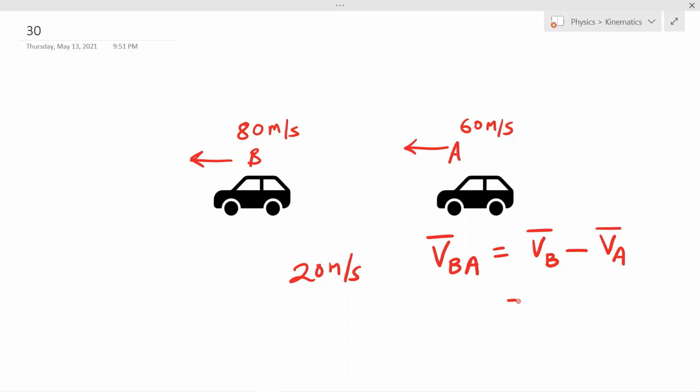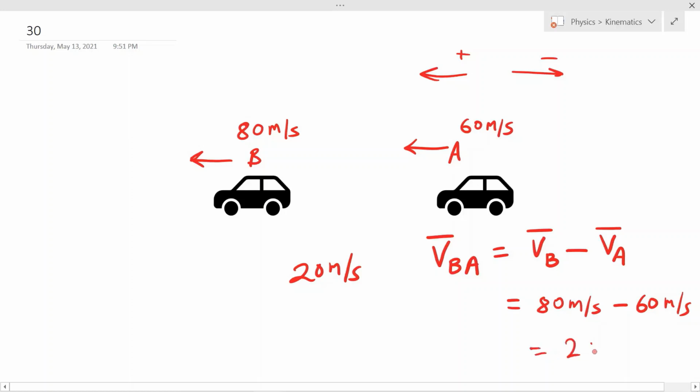So in this case, the velocity of B is 80 meter per second towards left, let's say left is the positive direction and right is the negative one. So this is 80 meter per second minus V A, which is 60 meter per second. So the answer is 20 meter per second. So the velocity of car B with respect to A is 20 meter per second.